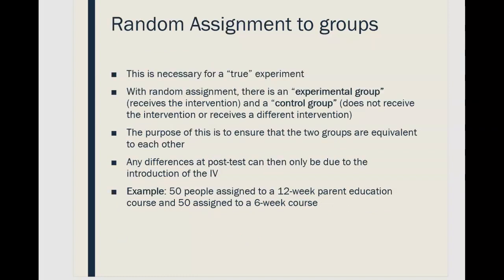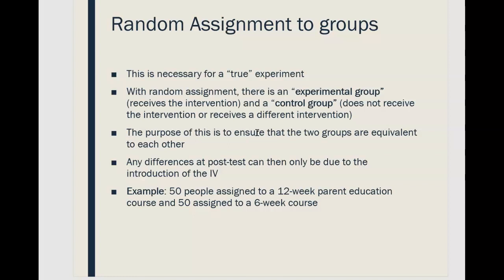So random assignment, again, is necessary for a true experiment, when there's an experimental group and a control group, right? The random assignment, again, is to help ensure that the two groups are equivalent in some way, because we're not choosing based on a demographic.